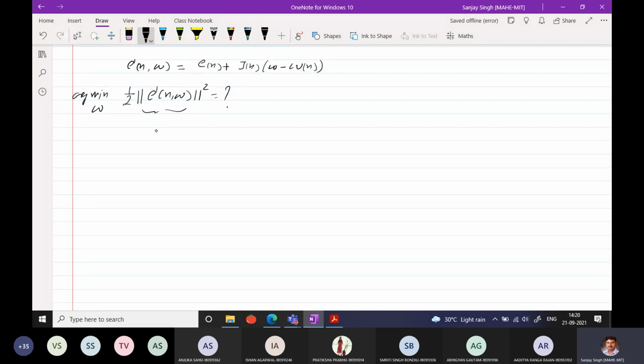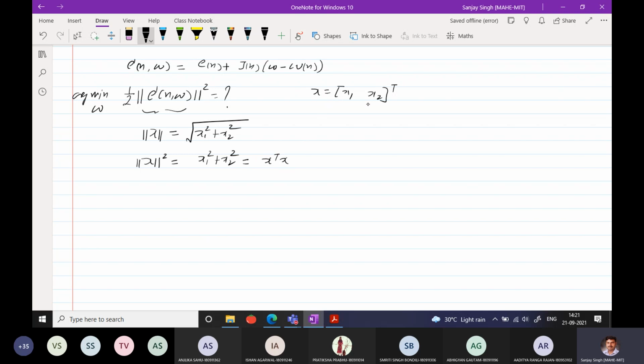Remember, I have told this many times: suppose this is a vector x1, x2, and if I write this norm, it's basically the L2 norm, or what is called the Euclidean norm. So this is nothing but the square root of x1 square plus x2 square. When I say x norm square, ultimately I'm saying x1 square plus x2 square, which, as I have told you, is as good as x transpose x.